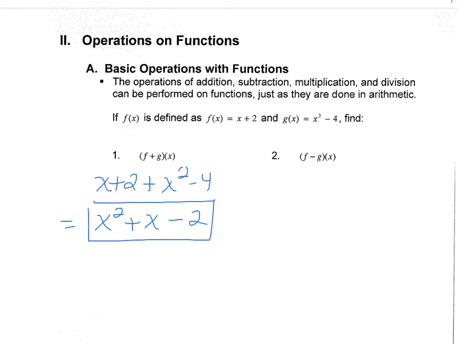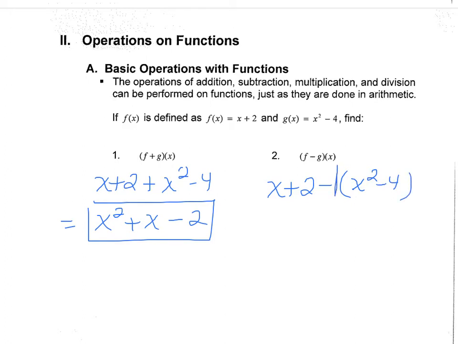Instead of adding the functions, they want us to subtract them. They want us to go f of x take away g of x. All right, f of x is x plus 2 minus g of x, which is x squared minus 4. But because I'm subtracting more than one thing, I'm going to use a set of parentheses.